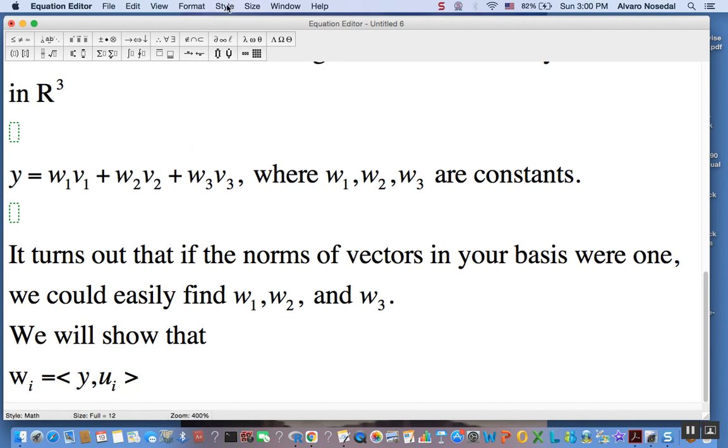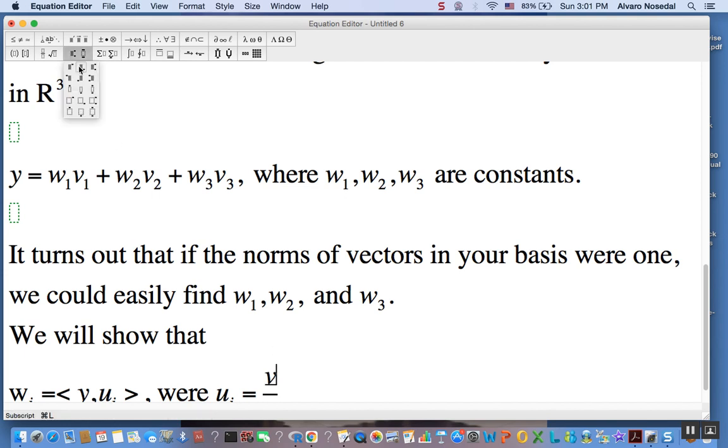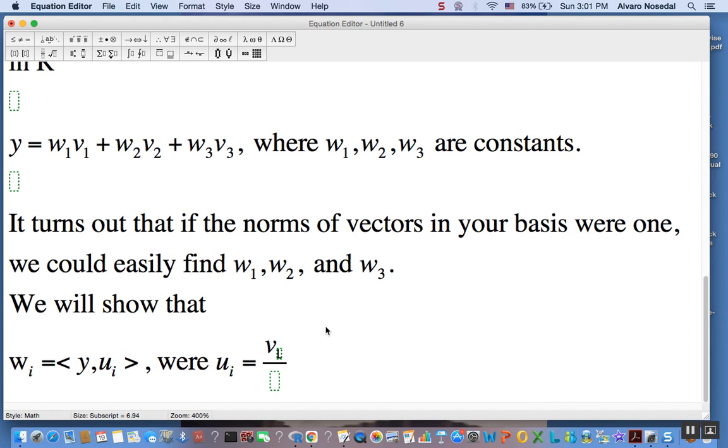Let me just say that ui is a normalized version of vi, meaning vi but divided by its norm.